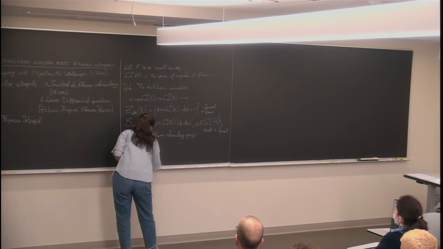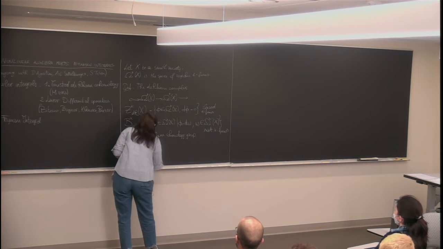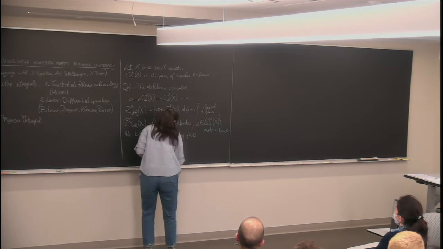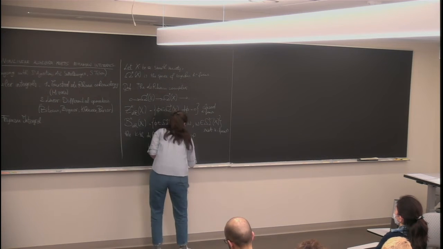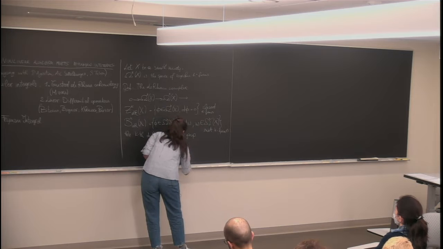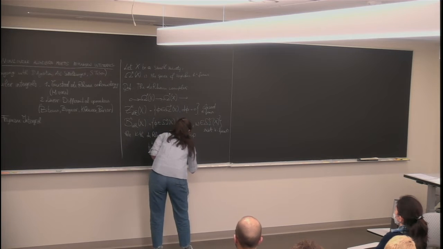And we denote it by H^k_dR(X), and this is just the quotient of closed forms modulo exact forms.